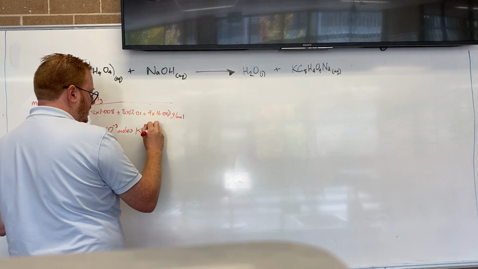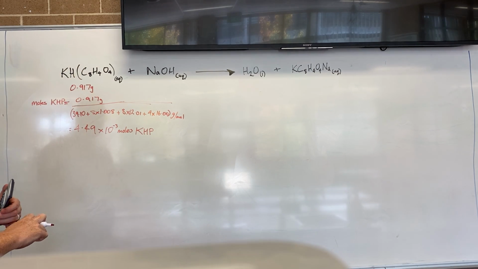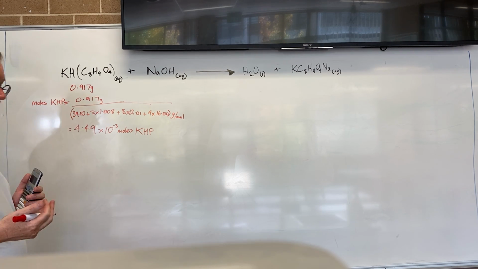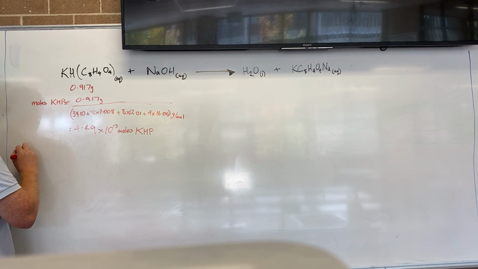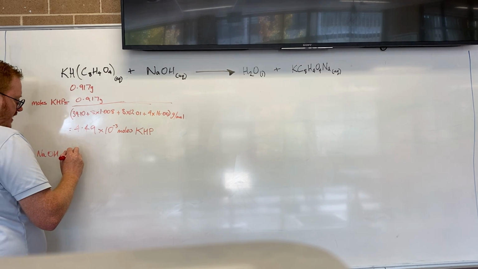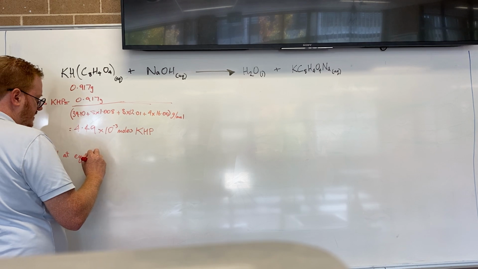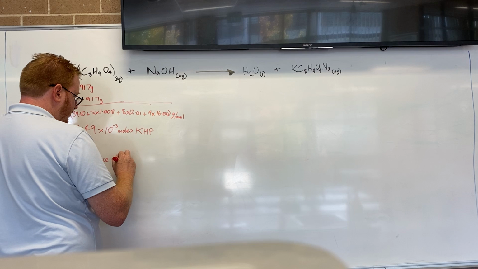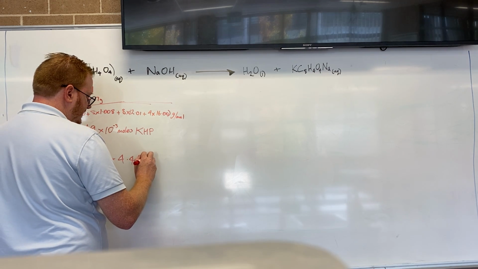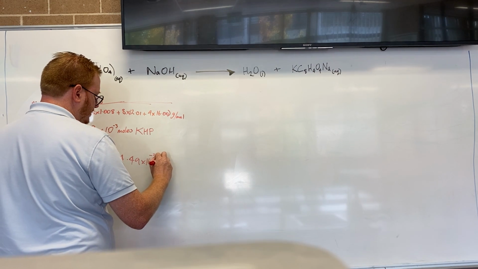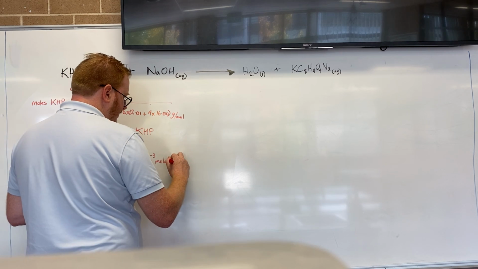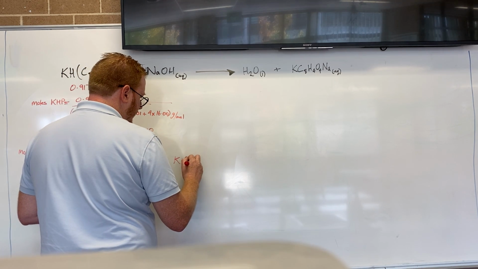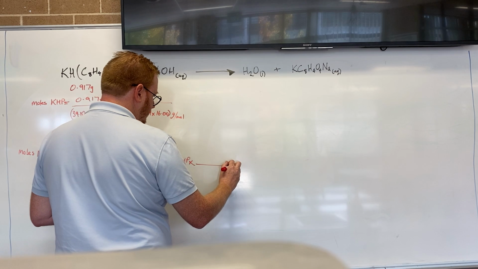So that means our moles of sodium hydroxide at equivalence. Let's determine that. Moles of sodium hydroxide at equivalence is going to equal the 4.49 times 10 to the negative 3 moles of KHP multiplied by the ratio between the two.